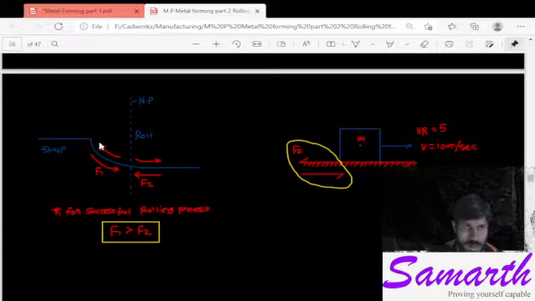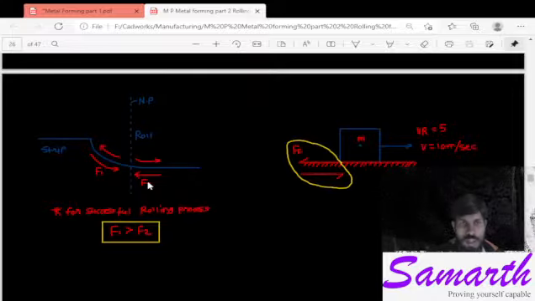Before the neutral plane, such a frictional force will be in this direction on the strip. This force is on the strip, and on the roller it will be in this direction, whereas after the neutral plane F2 will act in the opposite direction.